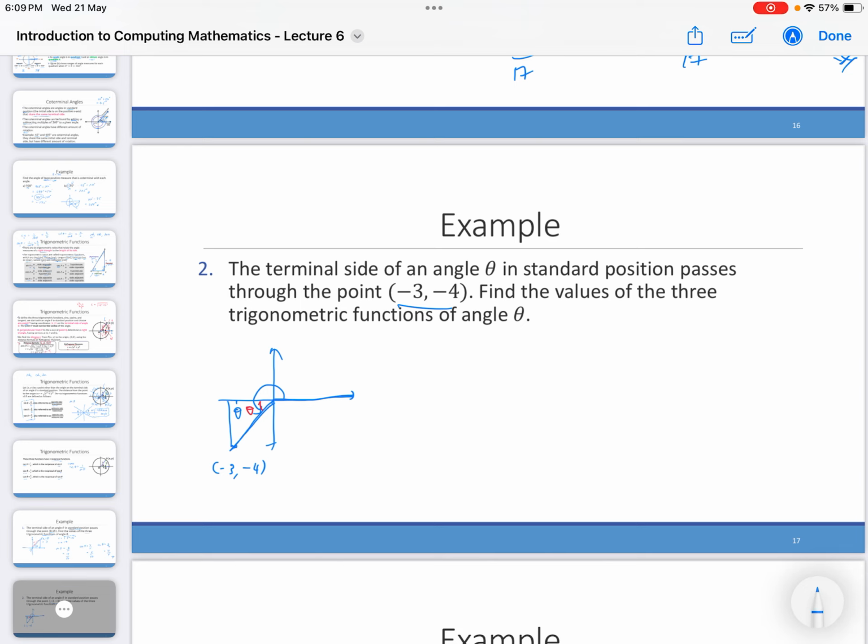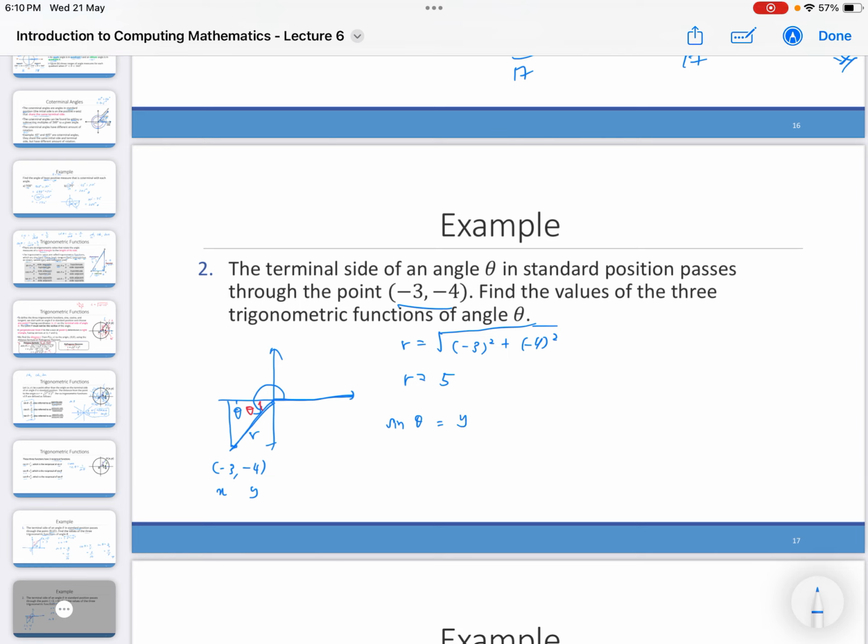So for this one, we know x equals -3, y equals -4. First we find r. r equals the square root of x squared plus y squared, so (-3) squared plus (-4) squared. So we have r equals 5. And then find the values of the three trigonometric functions: sine theta, cos theta and tangent theta.